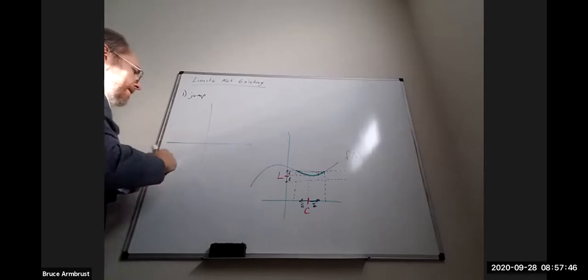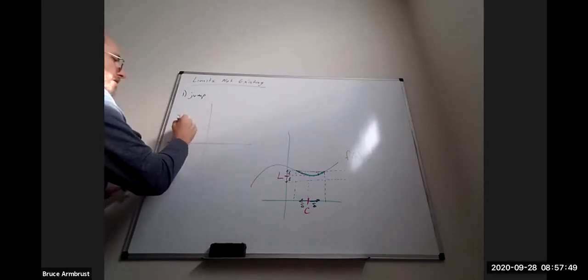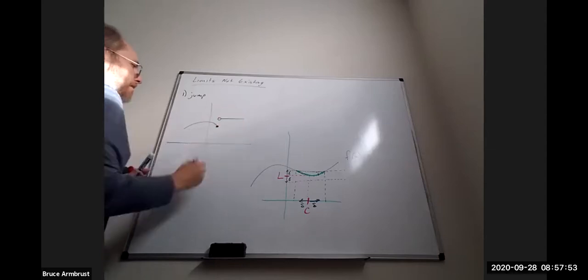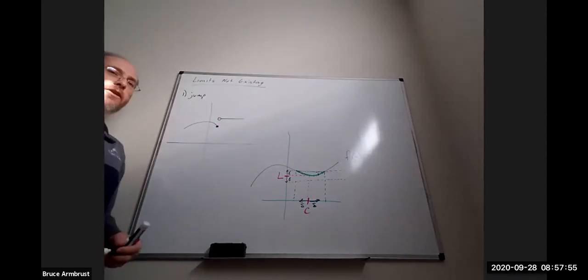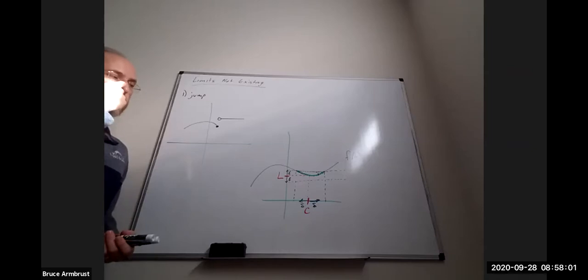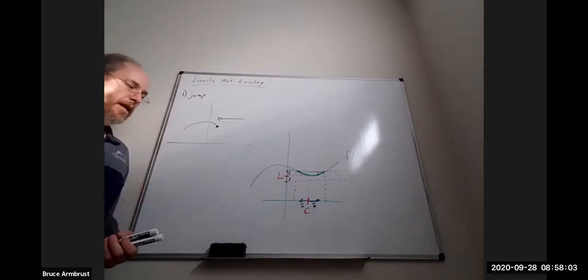So something like this. Okay, so you already know the limit doesn't exist here. We've seen that. Now I want to show you why this fails in terms of the epsilon delta thing.